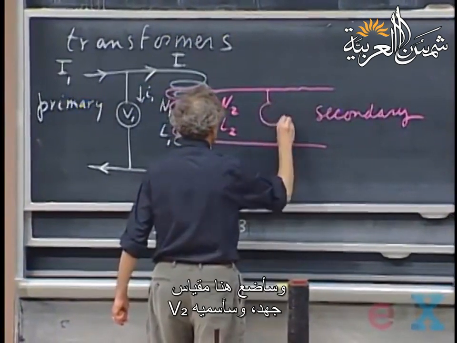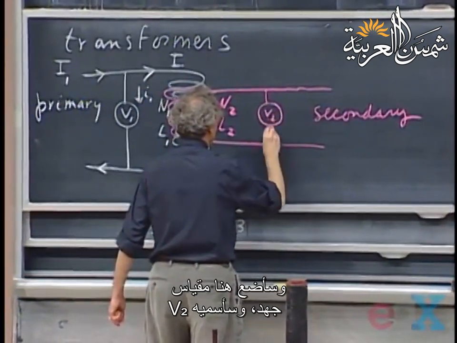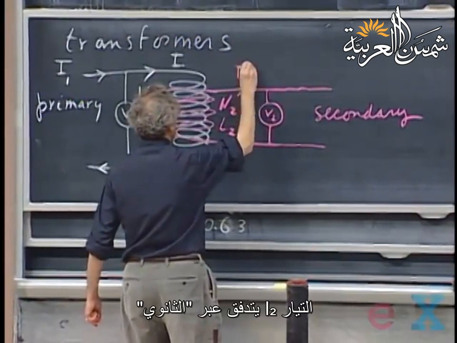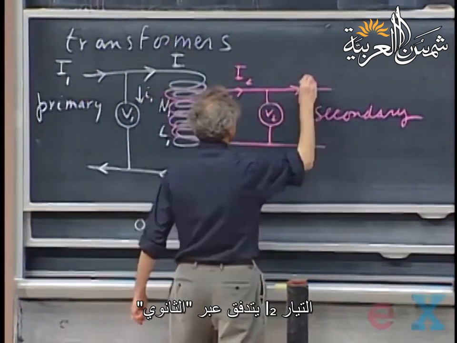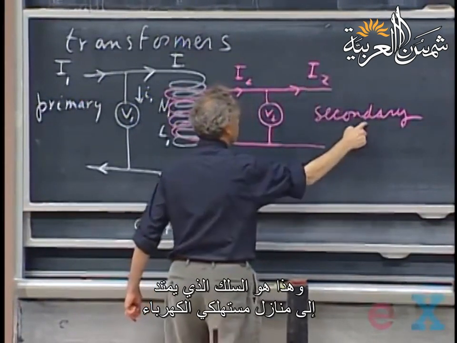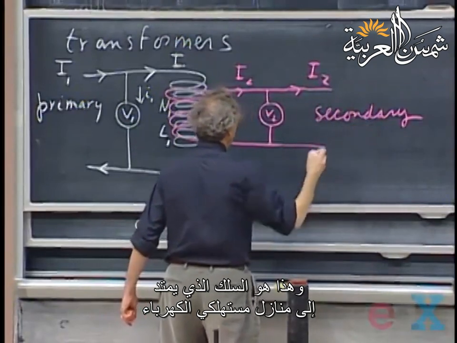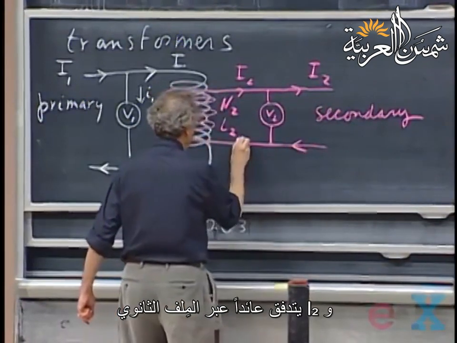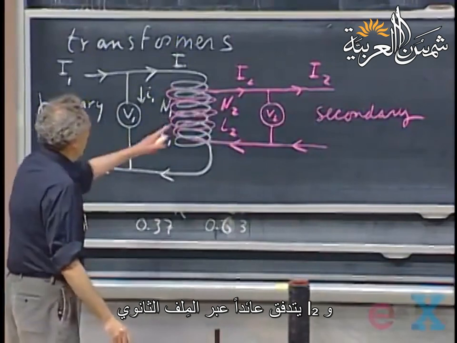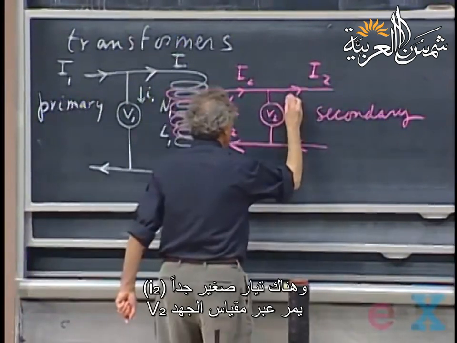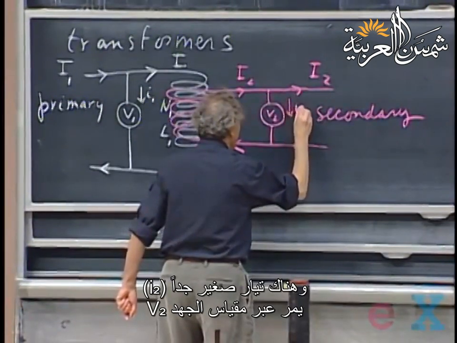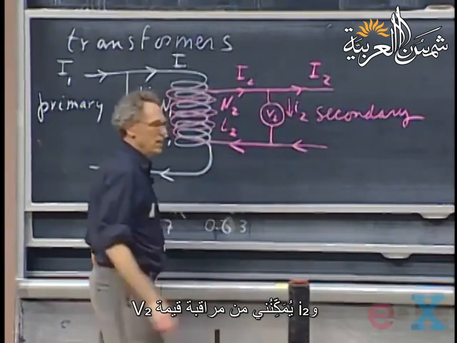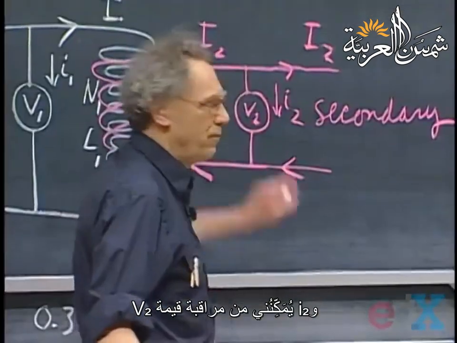And I put here a voltmeter, V2. The current I2 is flowing here. This is I2. Here's the consumer. This is where you are, maybe. And I2 is flowing back through the coil. But here is this teeny weeny little current I2 flowing, so that I can monitor the value of V2.